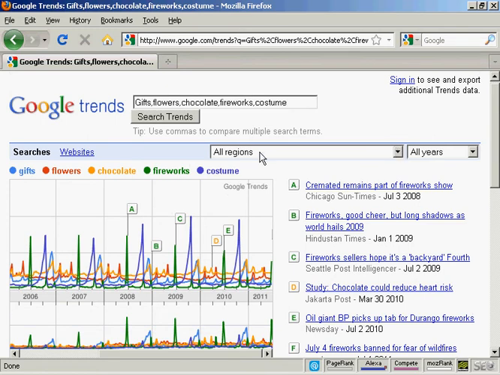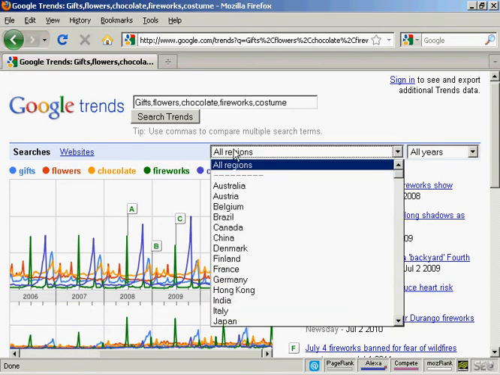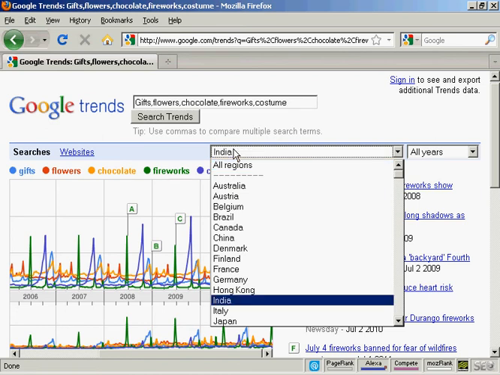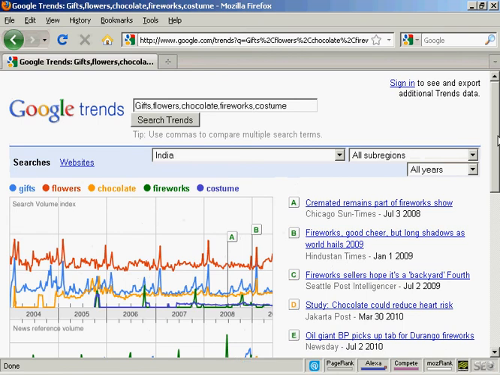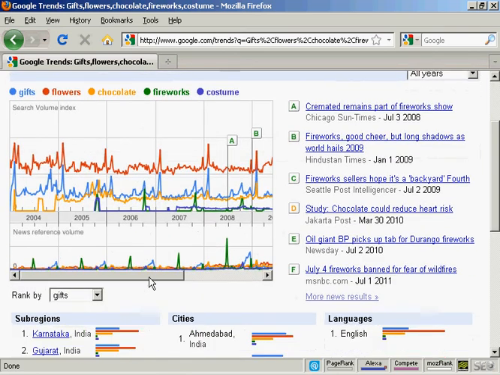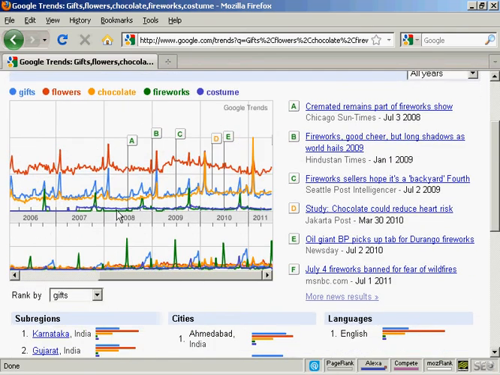Now, let's say we change this. Let's say I look at the search volumes for India, for example. We can see, if I just scroll down here, that the pattern for flowers goes up a bit at the beginning of every year, as do gifts.